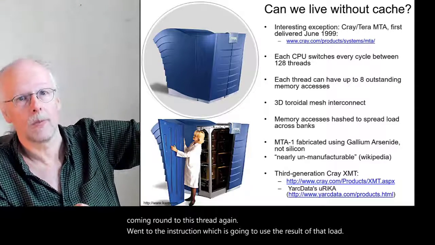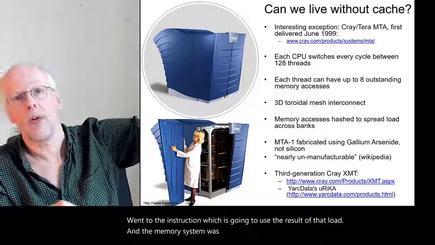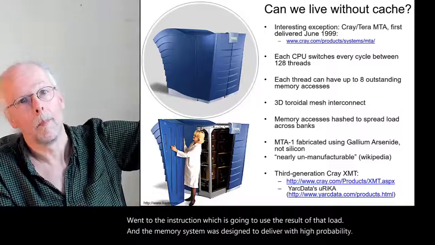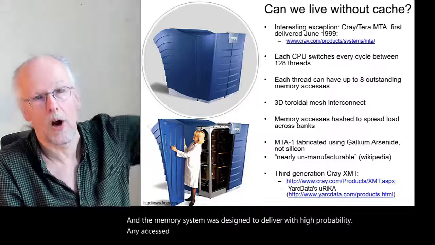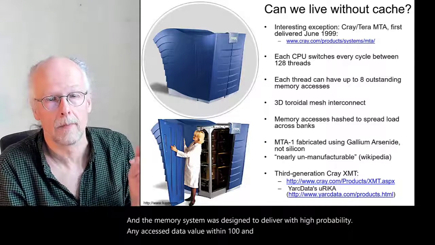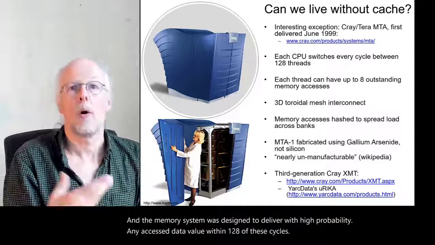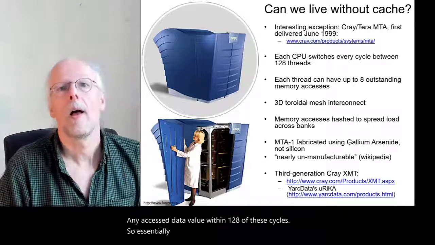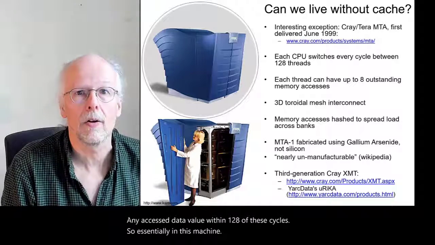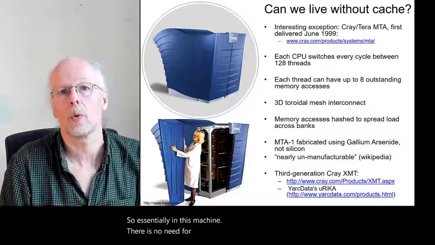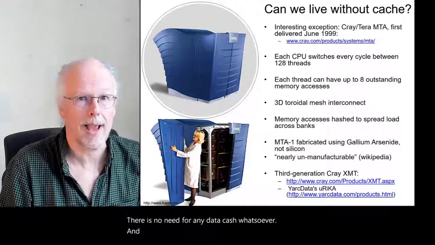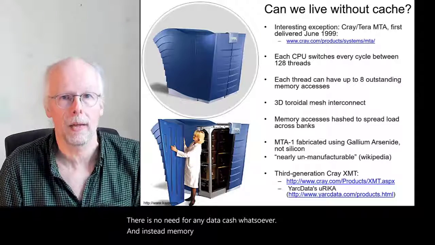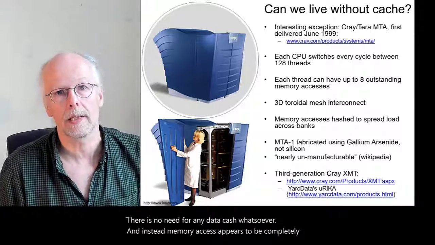And the memory system was designed to deliver with high probability any accessed data value within 128 of these cycles. So essentially in this machine, there is no need for any data cache whatsoever. And instead, memory access appears to be completely uniform for all threads.